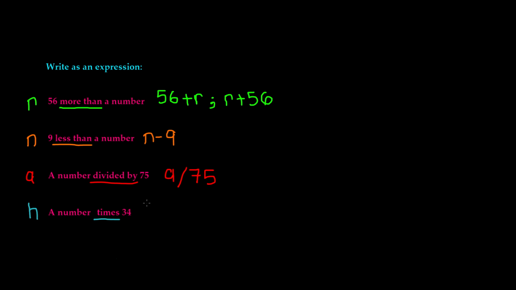We could write this in different ways. The first way, we could write this as h times 34. We could write this as 34 times h, or you could simply write this as 34h, because if they're together, that means we're multiplying them. But remember, we can't write h34. We have to write 34h if we're writing them together.